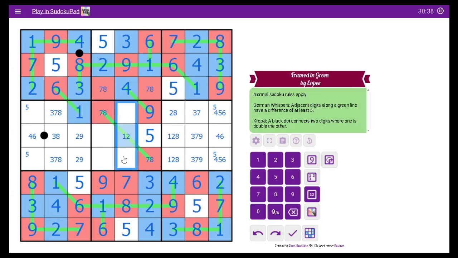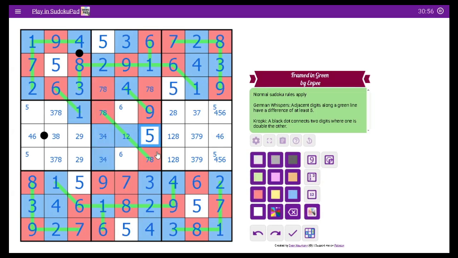We need a 6, which is either here or here. This 7, 8 pair, 6, 7, 8, 9, 1, 2. We need a 3 and a 4, which must go there, and they are both low, so I will make them blue. Very nice, very nice.